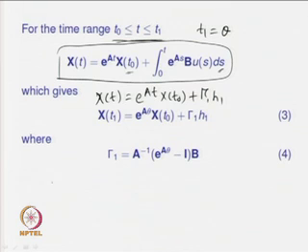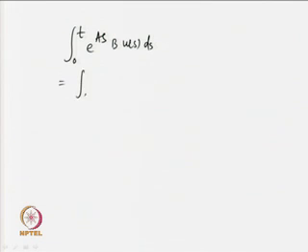Let me solve the integral once more for the second part only. The integral can be written as integration from 0 to t of e to the power As B u(s) ds. So, this is equal to the integral from 0 to t of e to the power As ds times B and u.